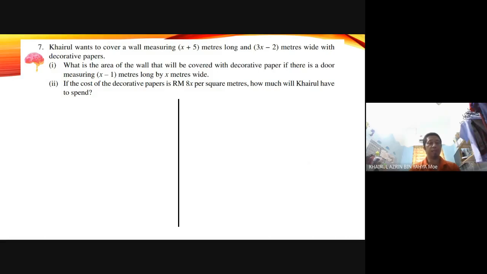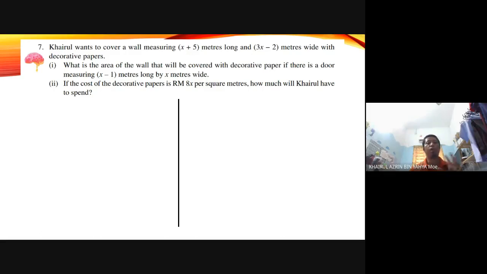Question number 7. Khairul wants to cover a wall measuring x plus 5 meters long and 3x minus 2 meters wide with decorative paper. So that is the wall. Number 1, what is the area of the wall that will be covered with decorative paper, if there is a door measuring x minus 1 meters long by x meters wide.